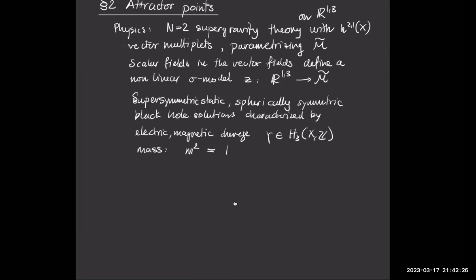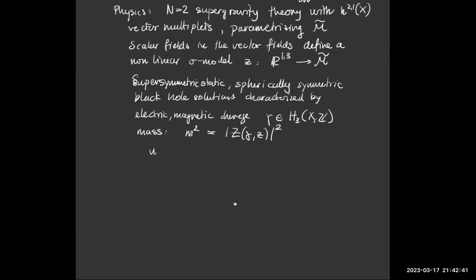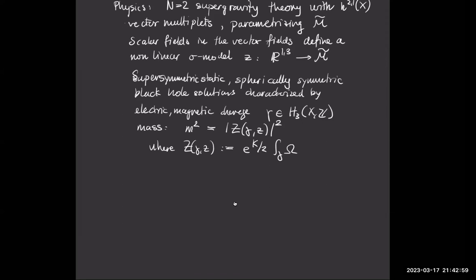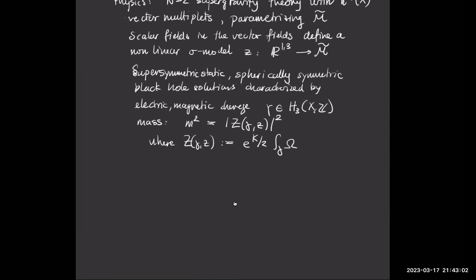and this turns out to be the norm squared of a function which depends on the electric and magnetic charge and on the point in the nonlinear sigma model, where C gamma Z is defined to be, in physics, the periods of omega along a cycle represented by gamma multiplied by e to the K over 2.